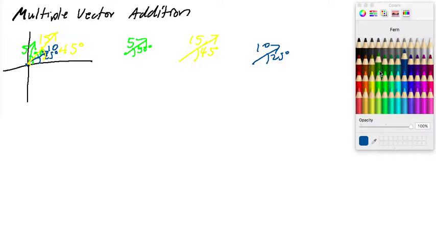What we're going to do now is break it down into each component, into its x components. We're going to make a table. This is the way I do it at least. Let me switch to black to be more generic: x and y.